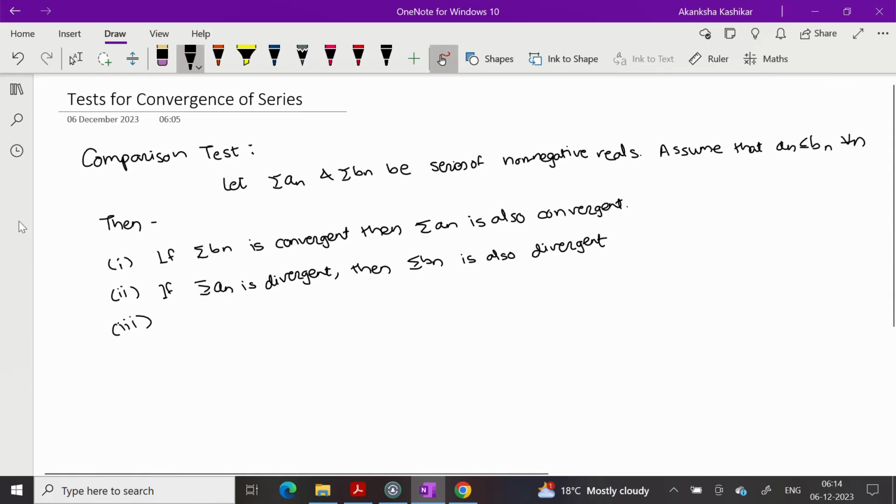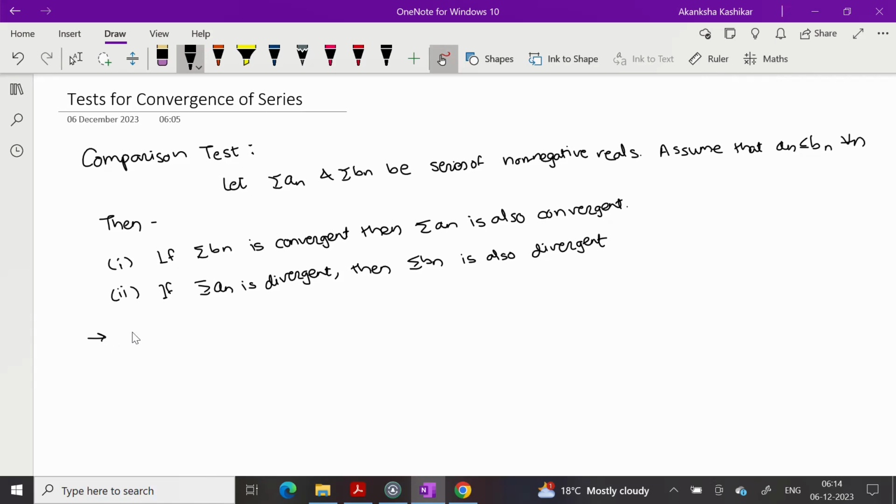So we have these two criteria: if the bigger series converges, then the smaller series converges, and if the smaller series diverges, then the larger series also diverges. We will first prove these two results, and then we will see one or two examples.